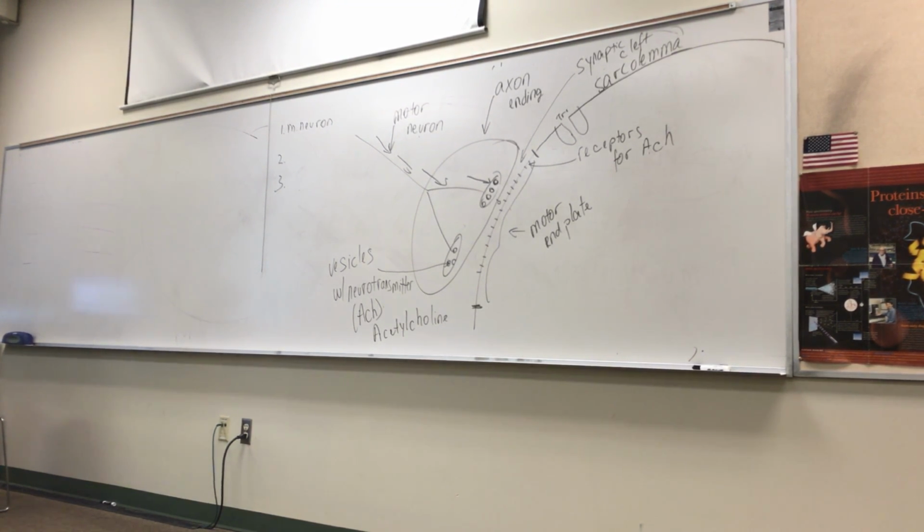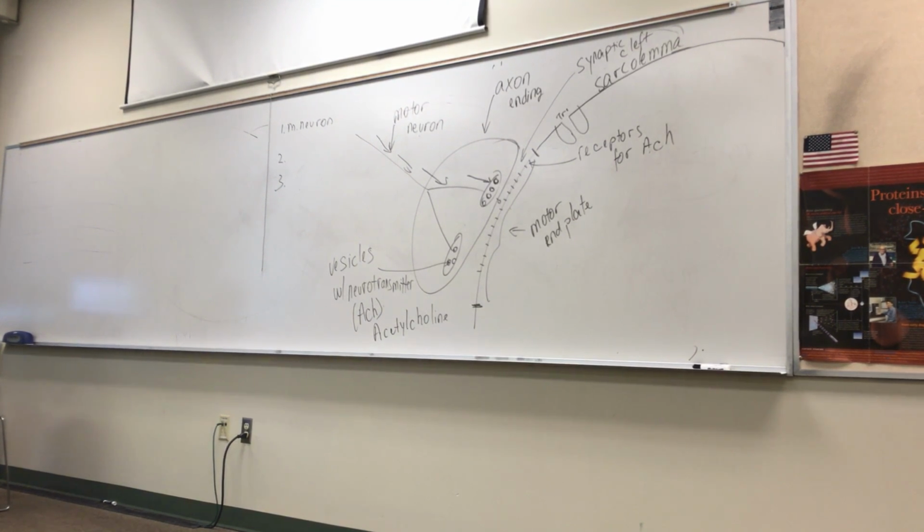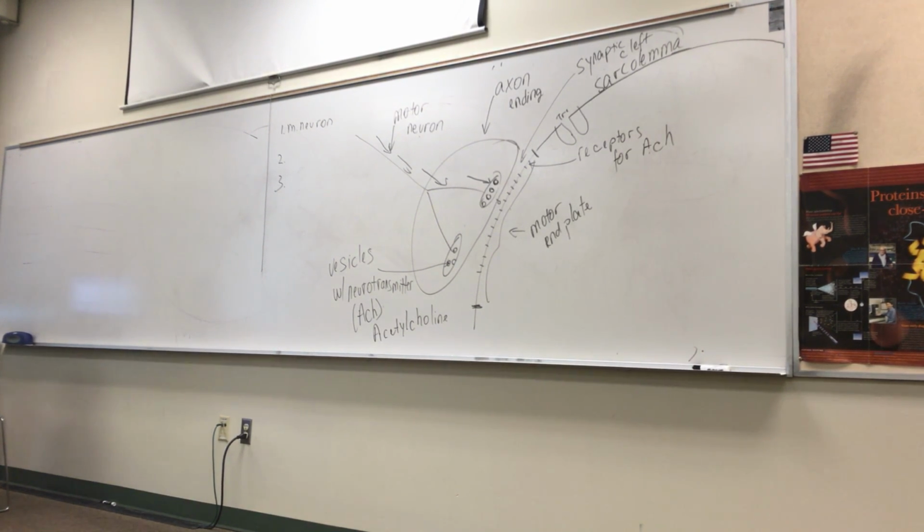That's important. But before we get to that, before we say that ACH is quickly broken down, after you say ACH binding leads to electrical events, that ultimately generates an action potential. Now you know what those events are. You tell me, what are those events? So when the ACH binds to the receptor, what do we say happens next? That's the trigger for what? For the calcium to be released.